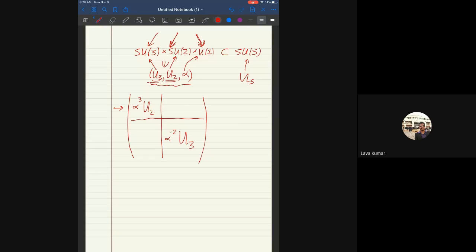If U3 and U2 are just the identity matrices, but alpha is an arbitrary complex phase, it gets mapped to the 5x5 matrix alpha to the 3, alpha to the 3, alpha to the -2, alpha to the -2, alpha to the -2, which does indeed have determinant 1.